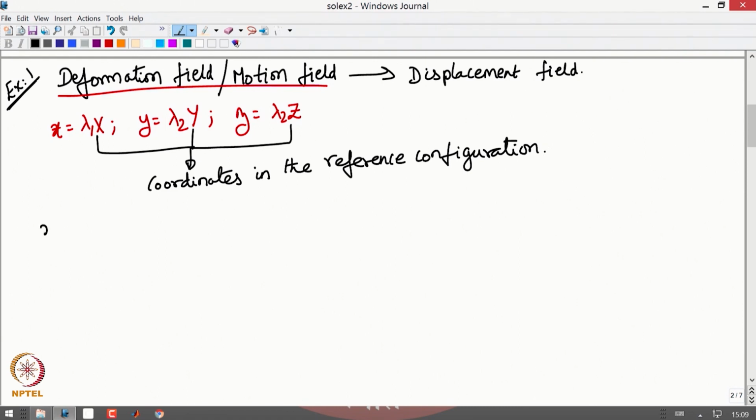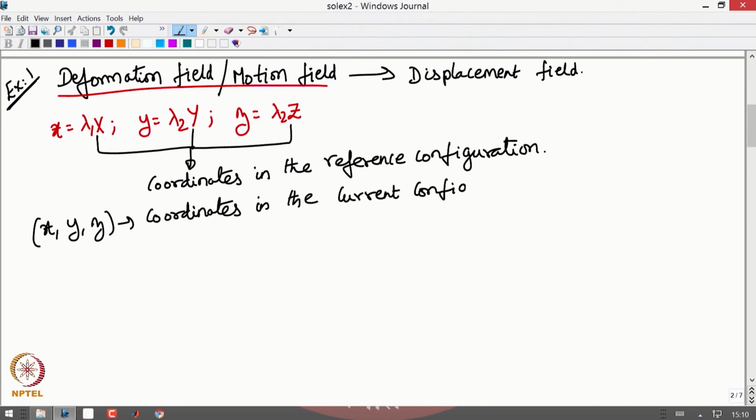And small x, small y, and small z represent the coordinates in the current or deformed configuration.